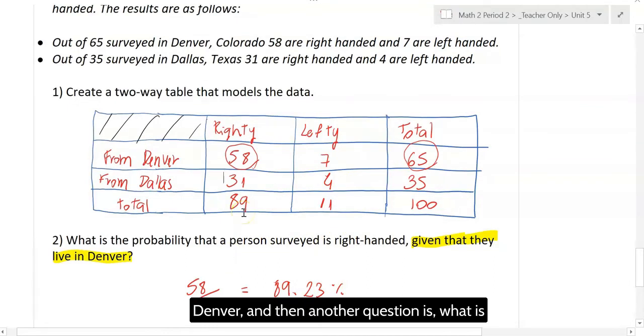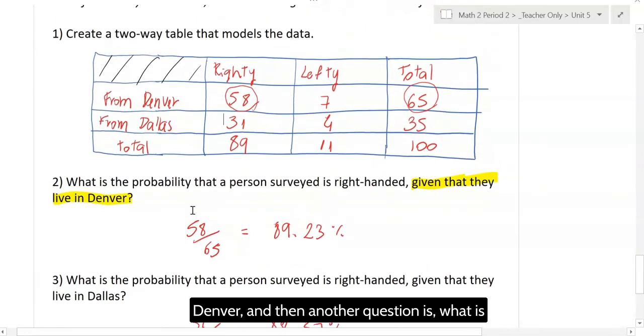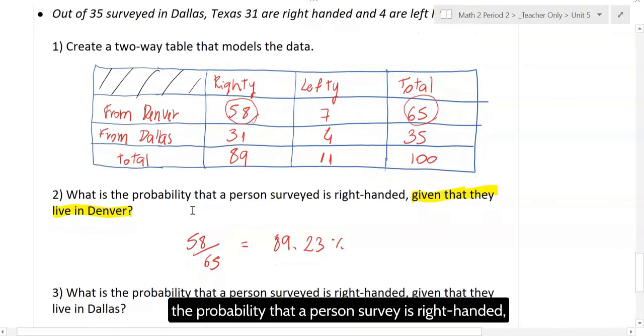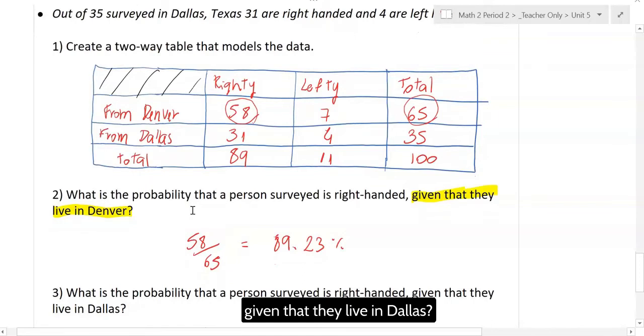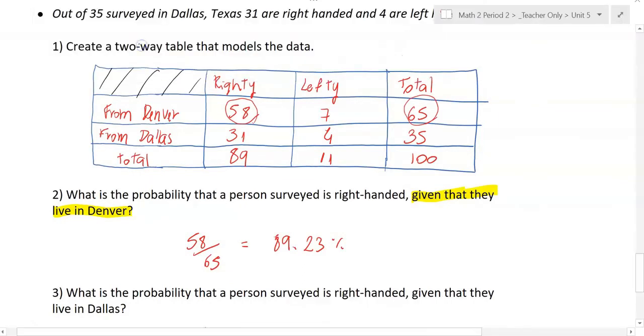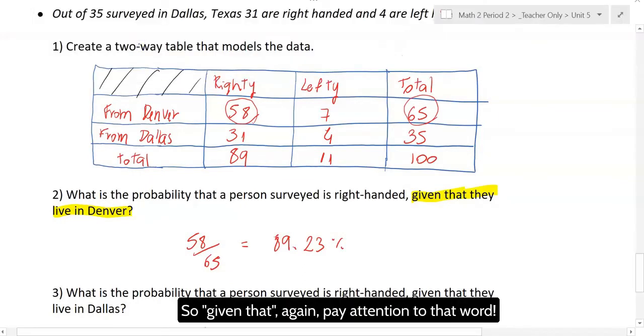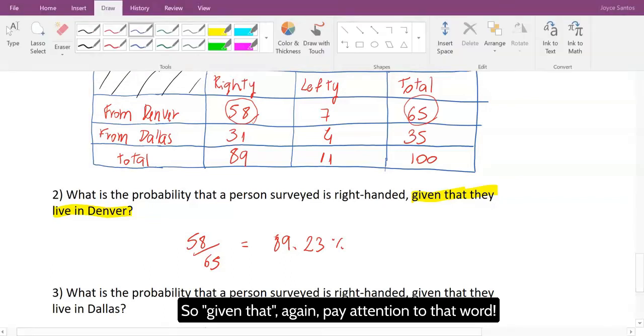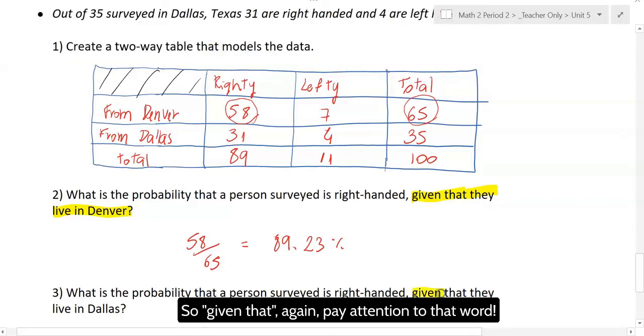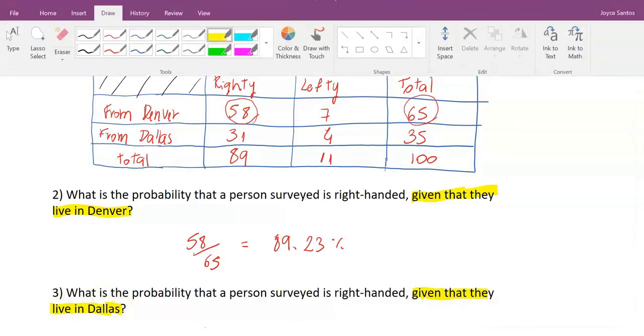And then another question is, what is the probability that a person surveyed is right-handed given that they live in Dallas? So given that, again, pay attention to that word. People who live in Dallas are our denominator.